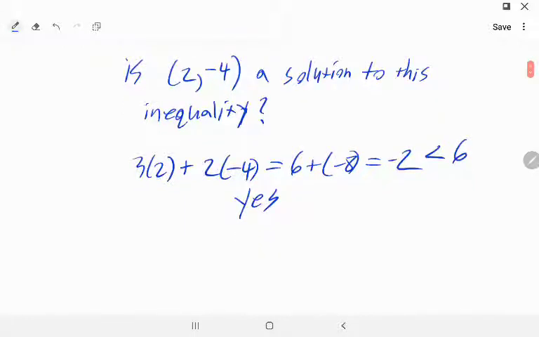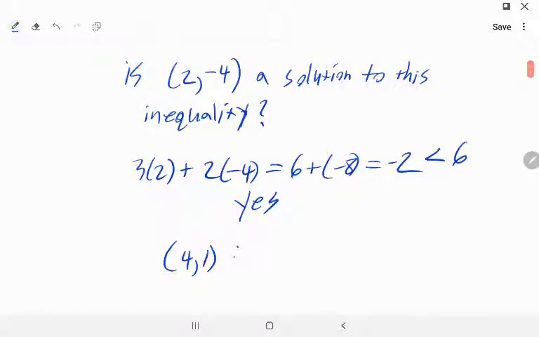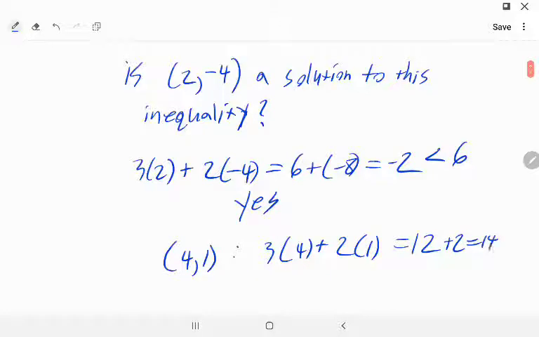If we had said instead something like (4, 1), then we would have tried it. We get 3 times 4 plus 2 times 1 would be 12, plus 2 is 14, greater than 6, and so for that one, the answer would be no.